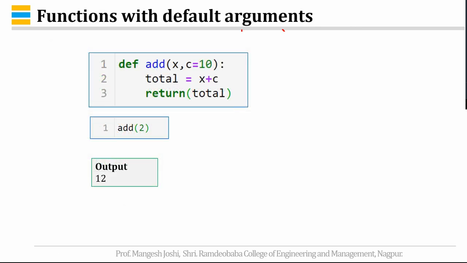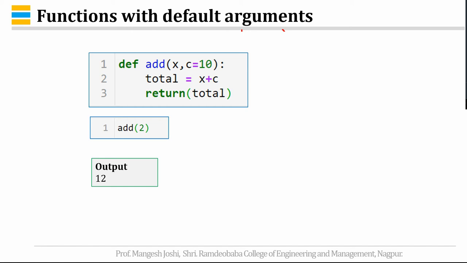Now, functions can have default arguments. So what are default arguments basically? In the previous example, we passed the values of x and y from the calling function. In some cases, you may set some default value to the variables.